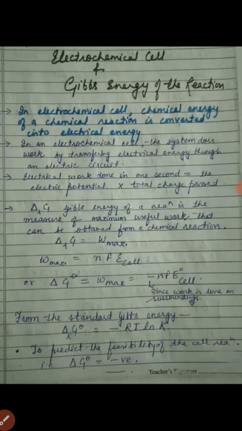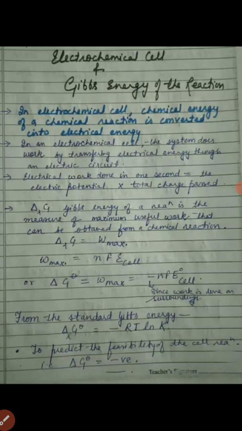The equation that we are going to use is delta G naught equals minus RT ln K. Now, we know that to predict the feasibility of the cell reaction, delta G naught should always be negative. So the above equation helps us to predict the feasibility of the cell reaction. For a cell reaction to be spontaneous, delta G naught must be negative. That means that E must be positive for the cell reaction.